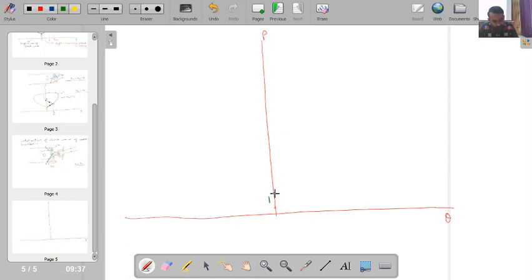For starting point 1, this will be my pressure deflection diagram for Mach number M1, and this is theta max.